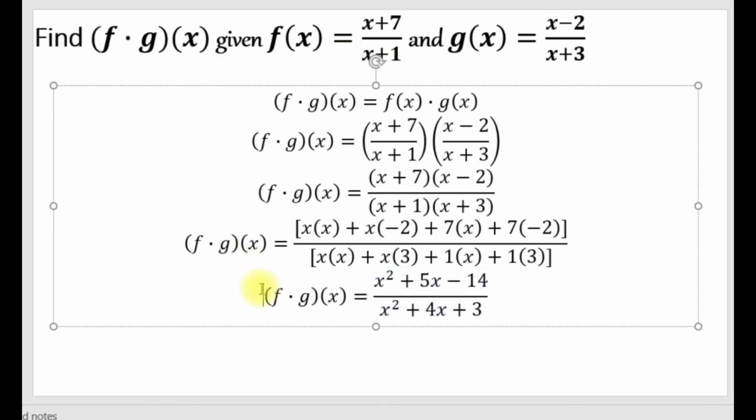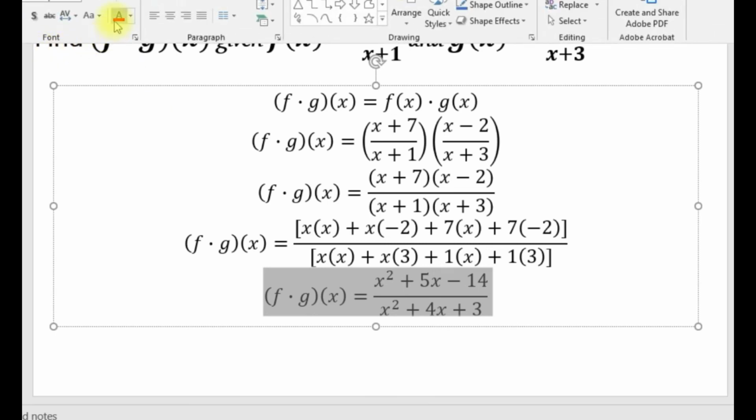Since there is no way that we can cancel out an expression from the numerator and the denominator, then our answer is this one. f of g of x is equal to x squared plus 5x minus 14 all over x squared plus 4x plus 3.